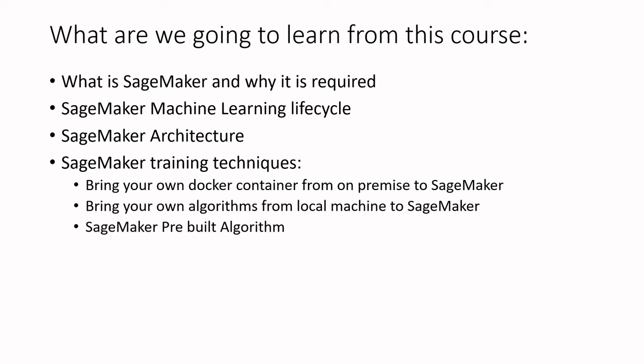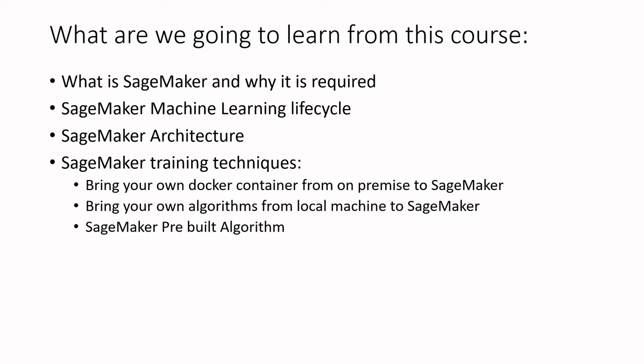Now, if you want to bring that algorithm into SageMaker, what different mechanisms do we need to perform to make it compatible with SageMaker? So we'll also do a deep dive and try to understand how SageMaker handshakes with your own algorithms, since there are a lot of other algorithms which are not present in SageMaker. So how do you make them compatible with SageMaker?